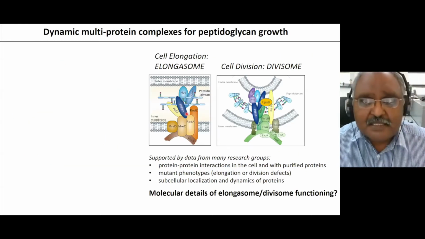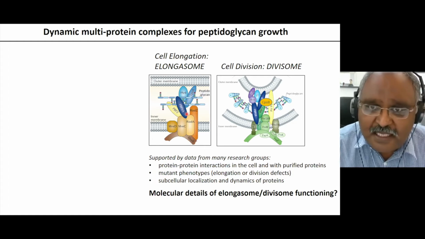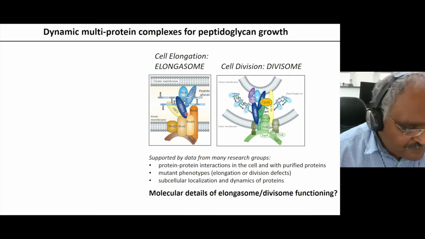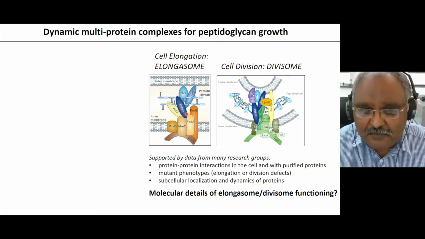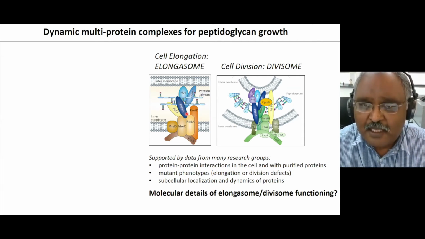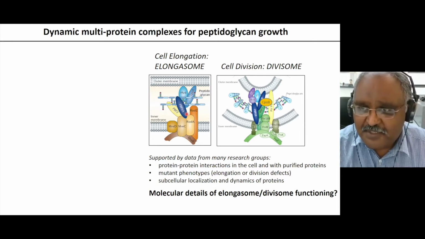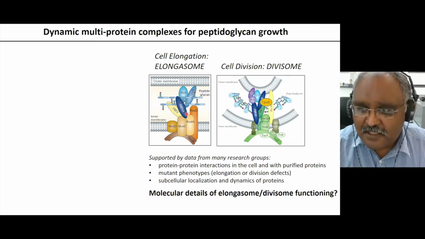The formation of peptidoglycan is a multi-protein process, and the peptidoglycan assembly, or biogenesis, is by two different systems. One works on the lateral cell wall and is called the elongosome, and the other is at the division site, and it's called the divisome.